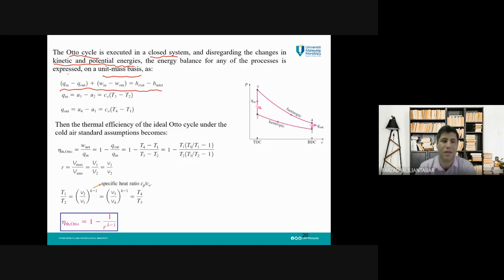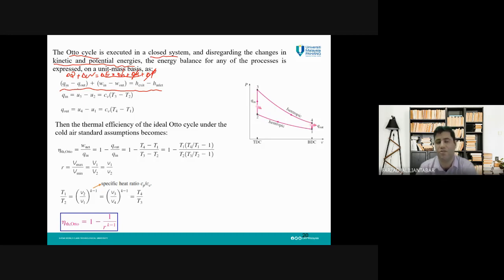This is delta Q plus delta W equal to delta E. And as you know, delta E is equal to delta H, delta K plus delta P. We ignore delta K, we ignore delta P. Then the change in the energy of the system will be only equal to the change in the enthalpy of the system. In other words, for this cycle, we can write this equation.